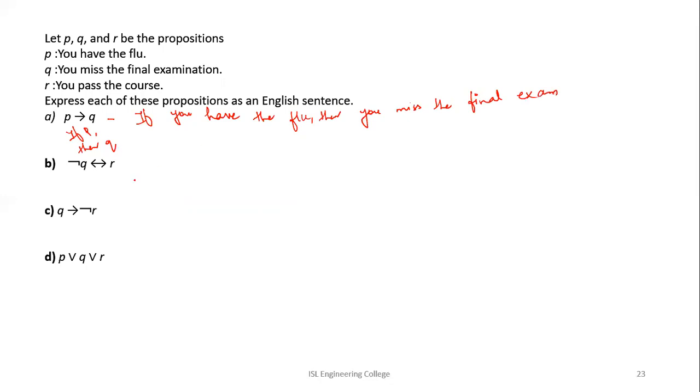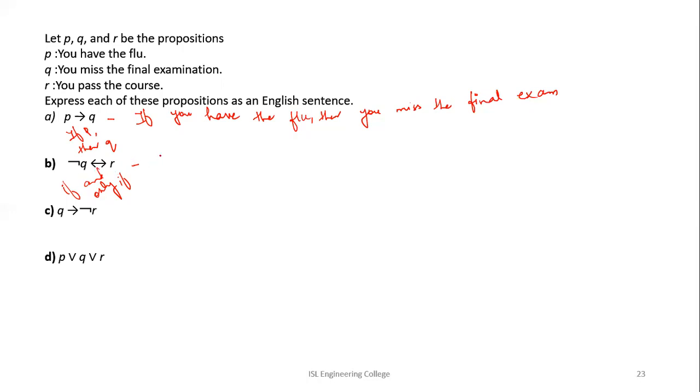Next one, negation of Q bi-implication R. So negation of Q means you don't miss the final examination, correct? And bi-implication, if you remember, is if and only if. So it can be written as: you don't miss the final examination if and only if you pass the course. Or there is another way to write bi-implication, because in normal English we don't use if and only if.